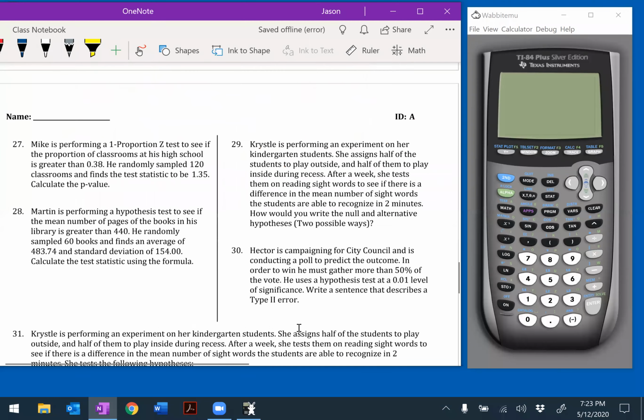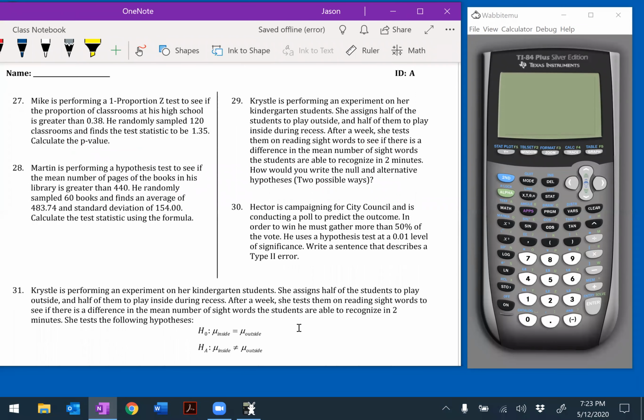Okay, Mike is performing a one-prop z-test to see if the proportion of classrooms at his high school is greater than 0.38. He randomly sampled 120 classroom students and finds the test statistic to be 1.35. Calculate the p-value. So here they give me the test statistic, and we want to calculate the p-value given the test statistic.